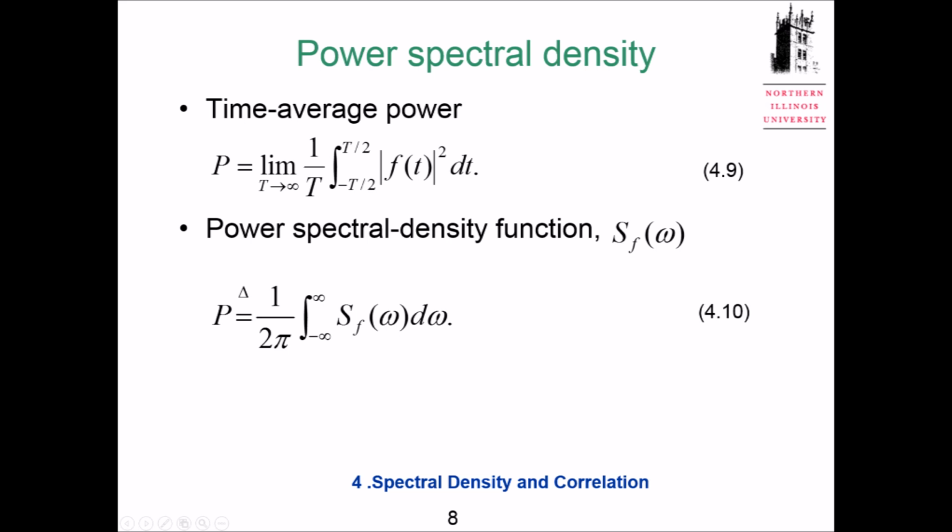Any problems? After that, we're going to talk about how we can find S_F(omega). We're going to talk about two methods, and later, towards the end of the chapter, we talk about the third method to calculate S_F(omega).